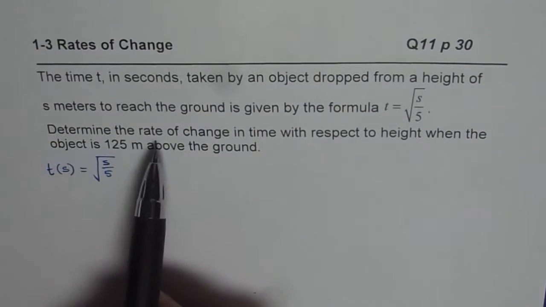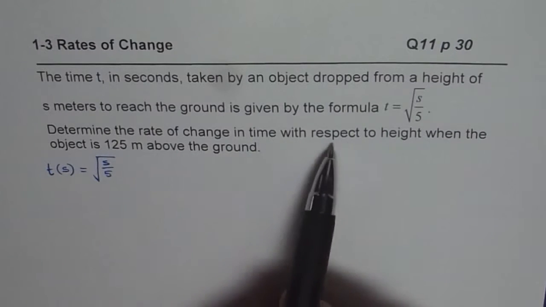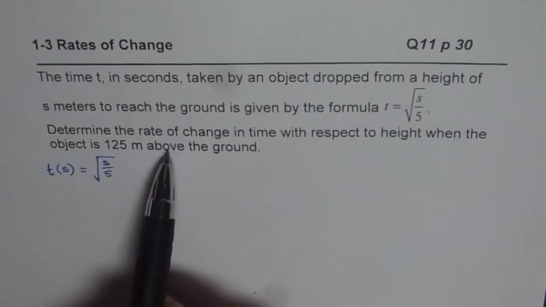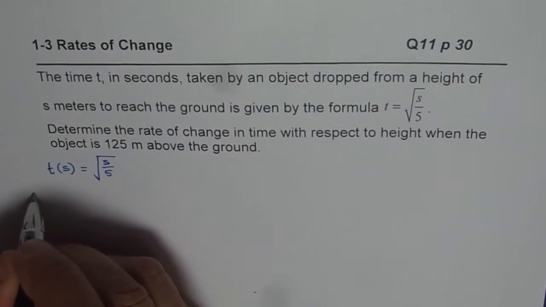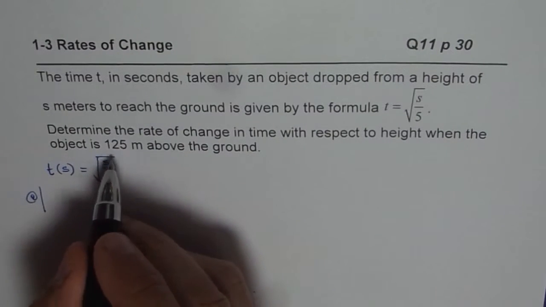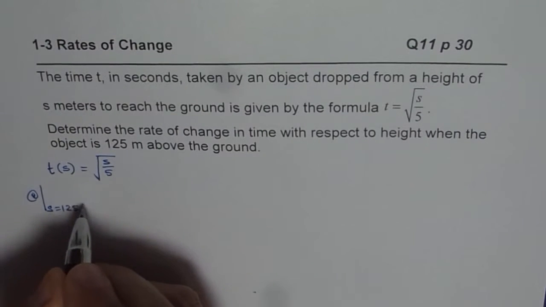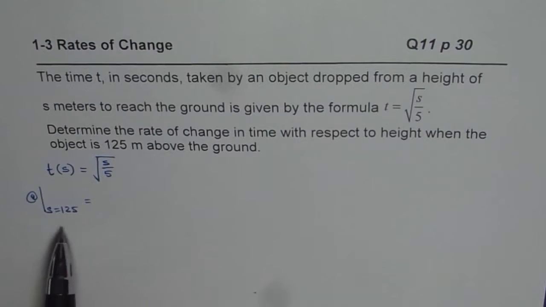Now, determine the rate of change in time with respect to height when the object is 125 meters above the ground. So the rate of change when the object is 125 meters above means s is equal to 125.